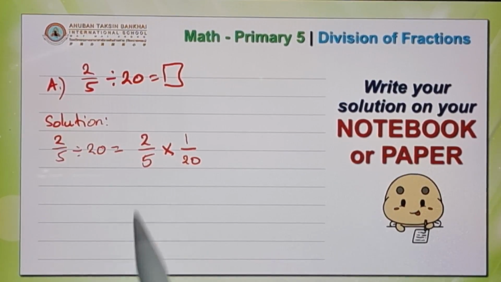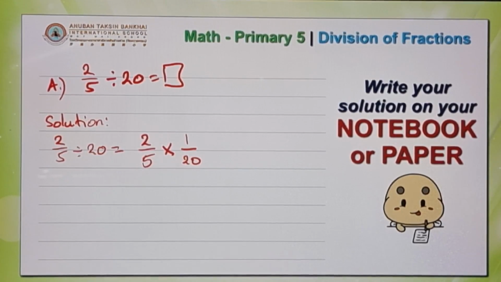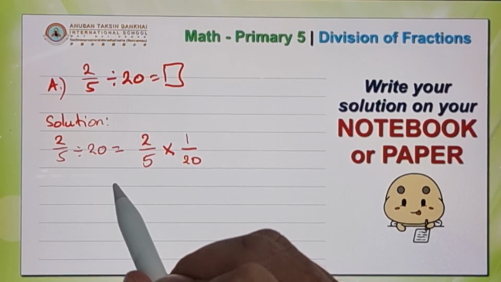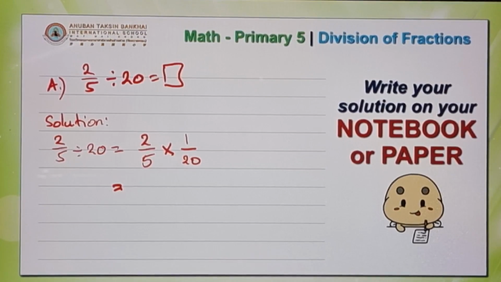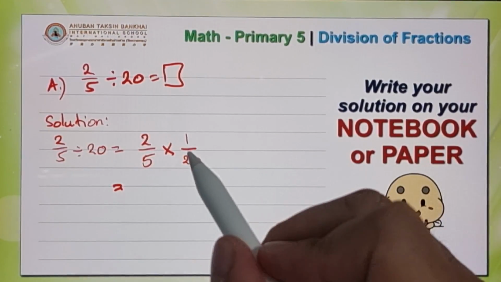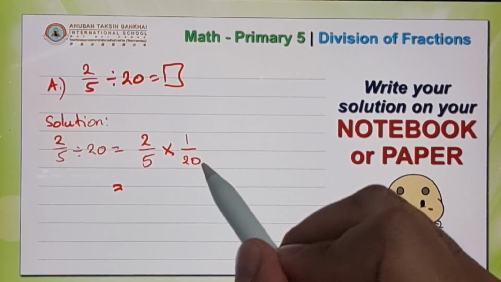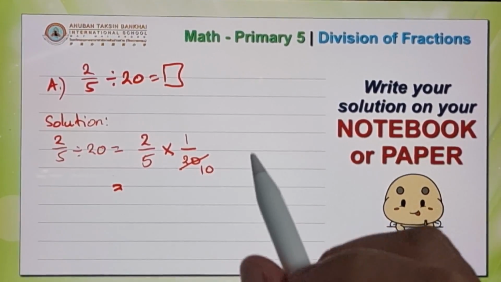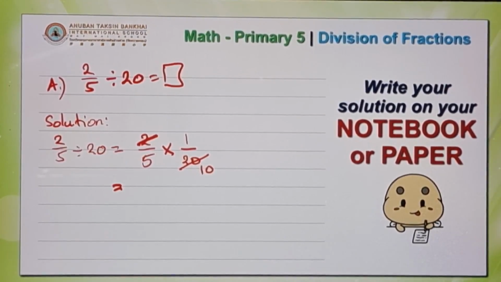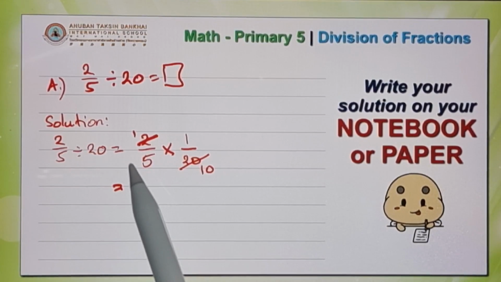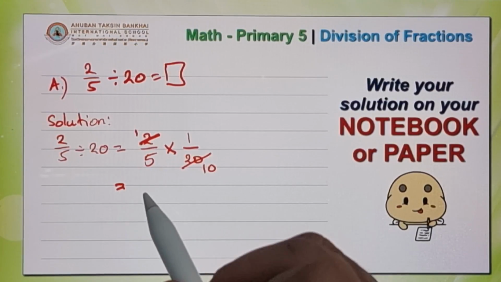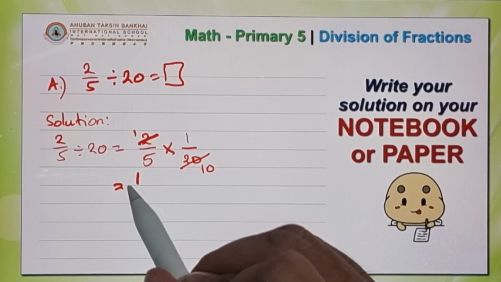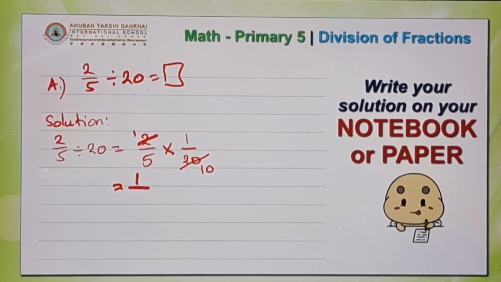Okay? Now, can we cancel? Yes, we can. So we can actually cancel 2 and 20. So we can use 2 to divide these two numbers. 20 divided by 2, we have 10. 2 divided by 2, we have 1. 1 times 1, we have 1. 5 times 10, we have 50.